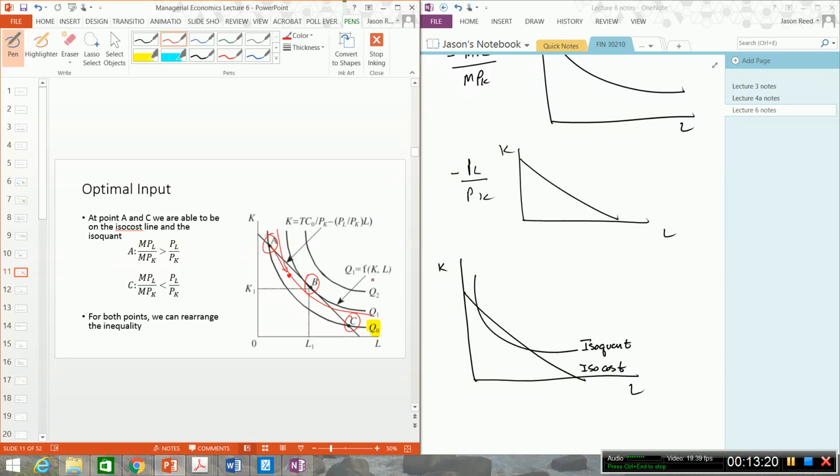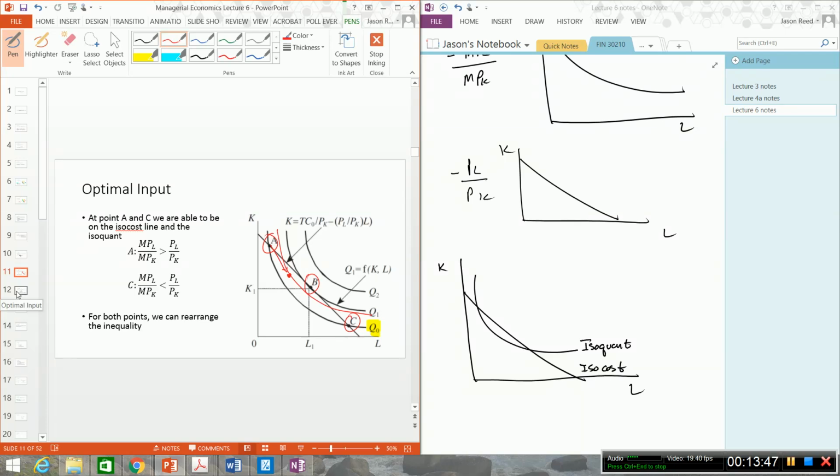So what we look at is the slope at point A or at point C, and we realize at point A we get this inequality happening, that the marginal product of labor divided by the marginal product of capital, so the slope of our isoquant, is much steeper than the slope of our iso cost line. And then at point C, the slope of our iso cost line is steeper than the slope of our isoquant.